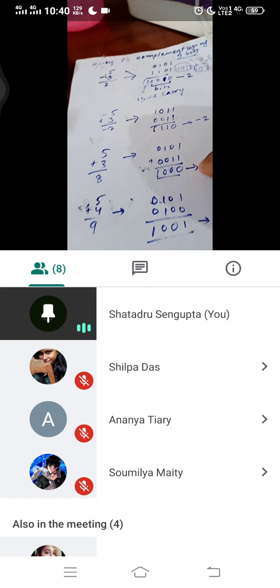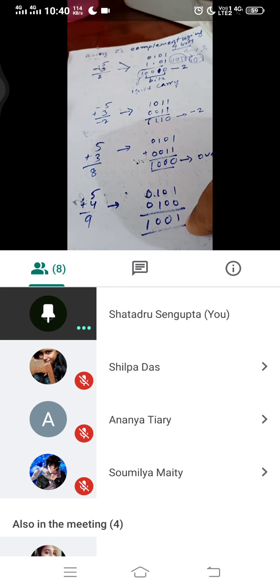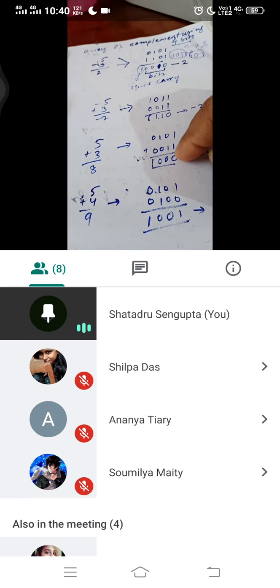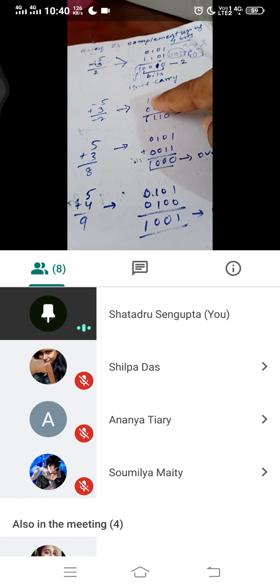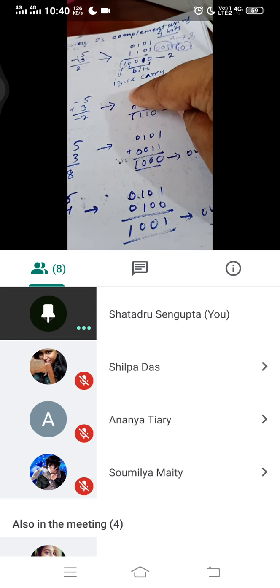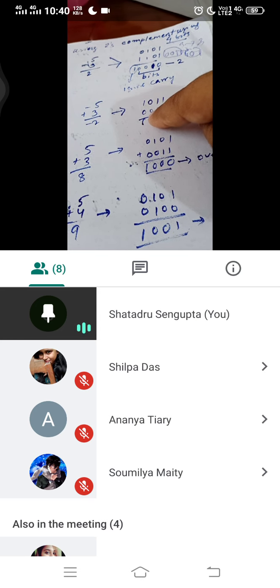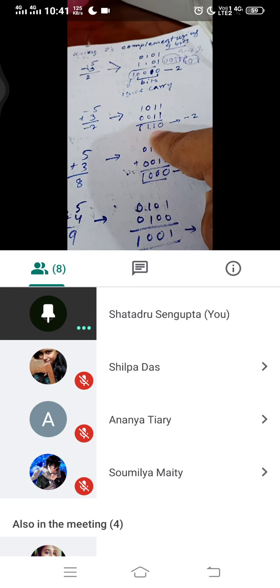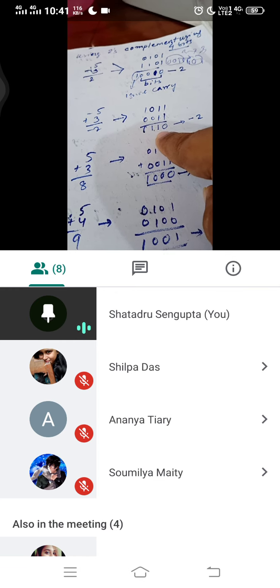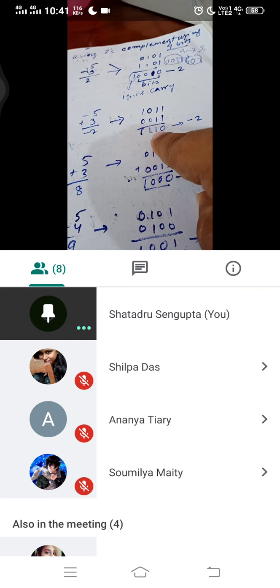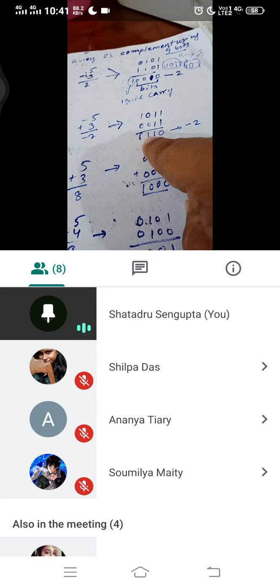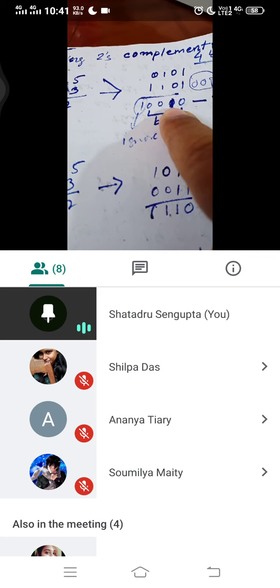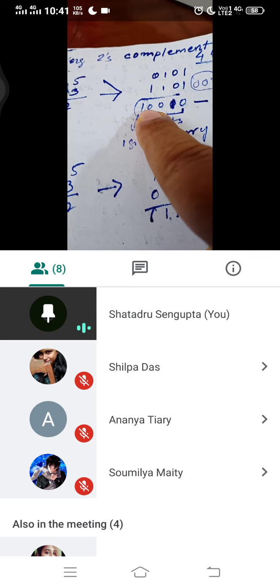So like that you go on. As you can see, all this: minus 5 plus 3. So you take the 2's complement of minus 5, add to it 3, and what you get is minus 2. How do you change that? Imagine this is 2, 0 0 1 0. Once you receive 1, all of this is changed.